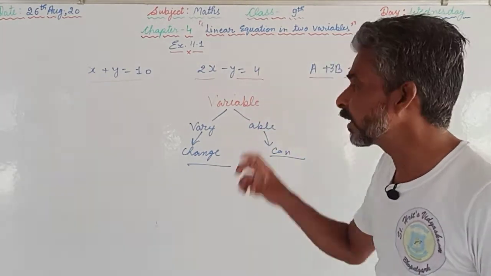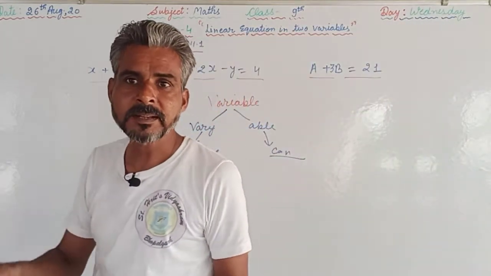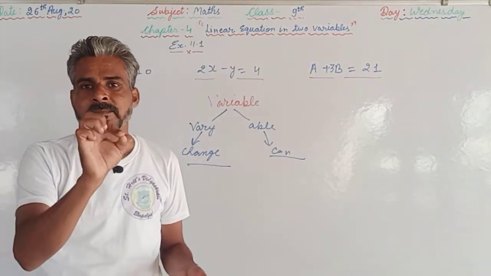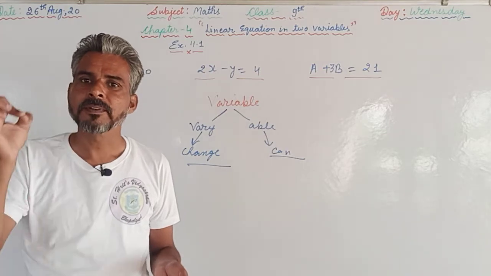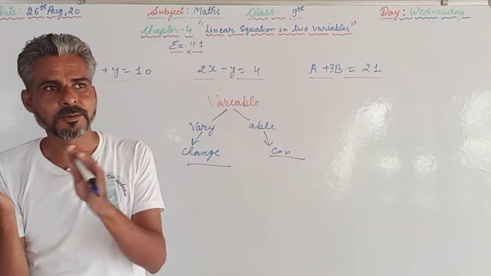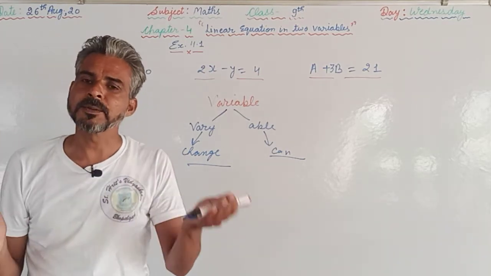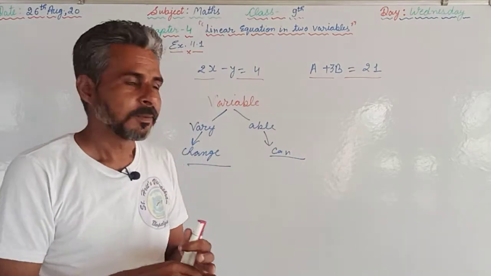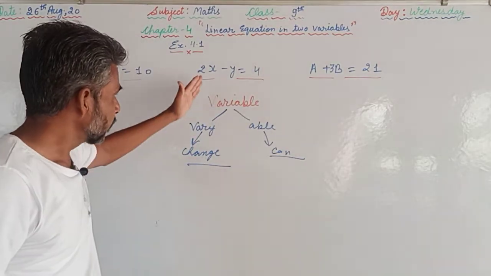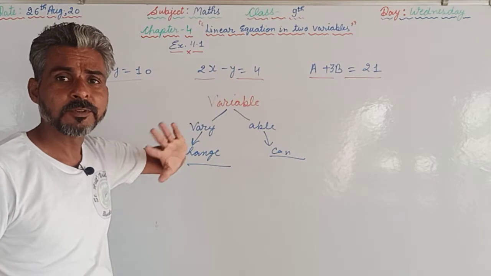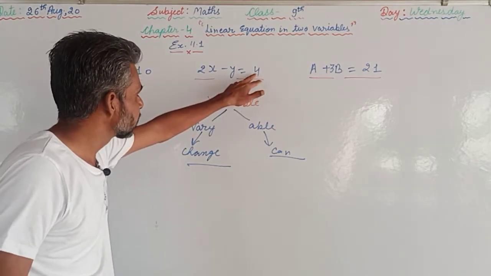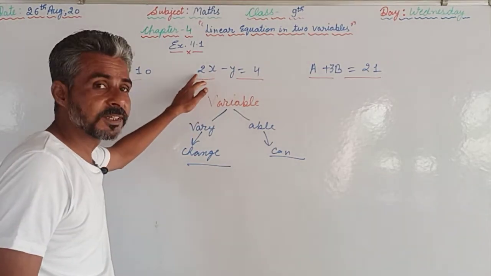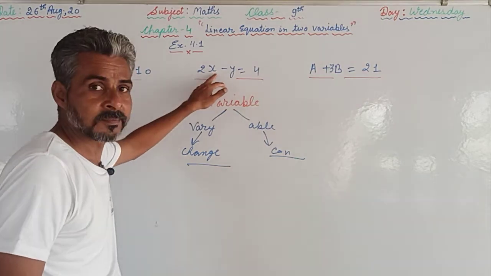For a linear equation, if one linear equation is given, then for each value of x there will be a different value of y, means if the value of x changes, the value of y will also change, means these are the variables whose value is not fixed, and this is the constant, and this is the coefficient of x.